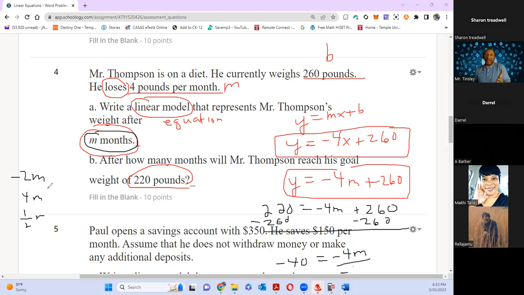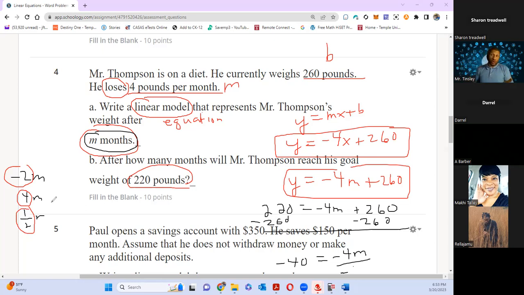In order to get m by itself, you need to get rid of the minus 2 here, the 4 here, or the 1/2 here. So the opposite of multiplying by -2 is dividing by -2. If you want to get rid of that 4, the opposite of multiplying by 4 is dividing by 4. And multiplying by 1/2 is the same as dividing by 2.